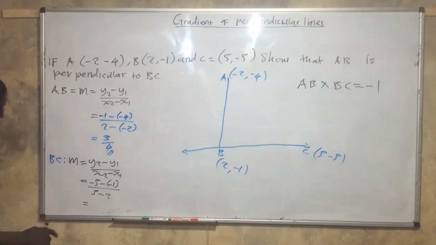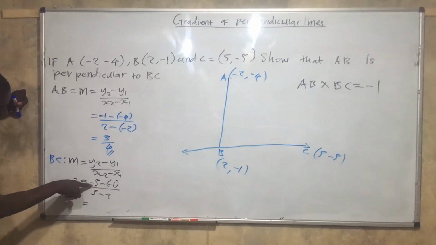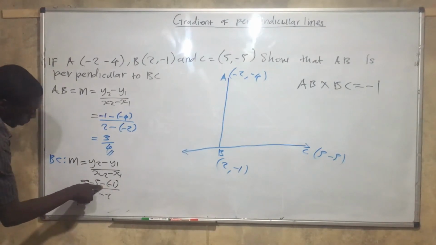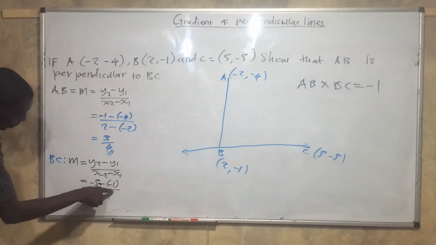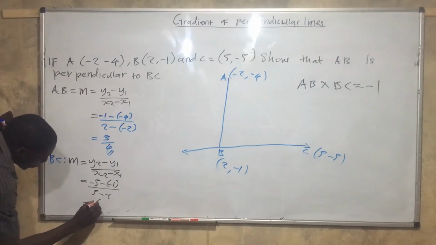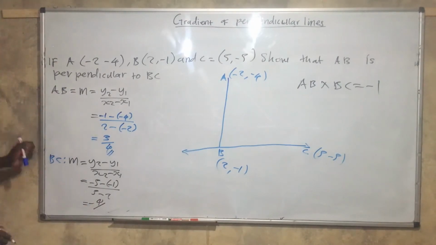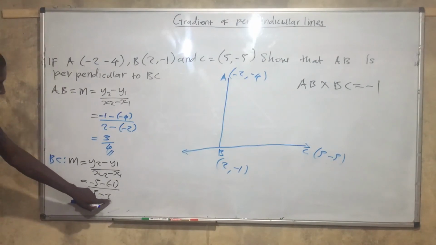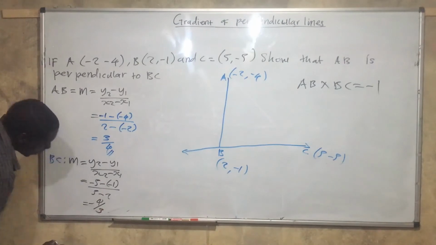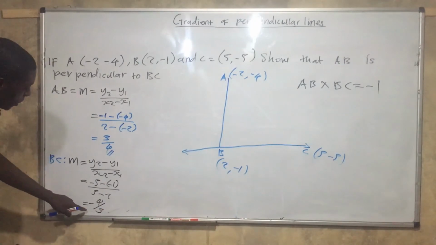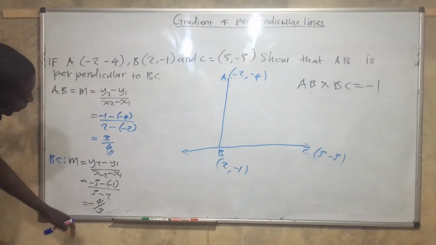This will give us negative 5 plus 1, which is negative 4, over 5 minus 2, which is positive 3. So our gradient for BC is negative 4 over 3.